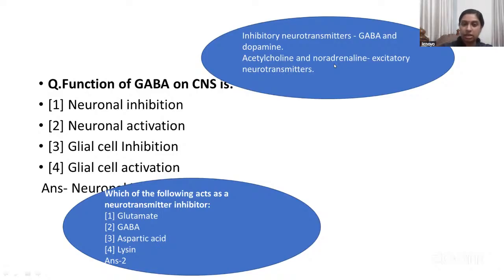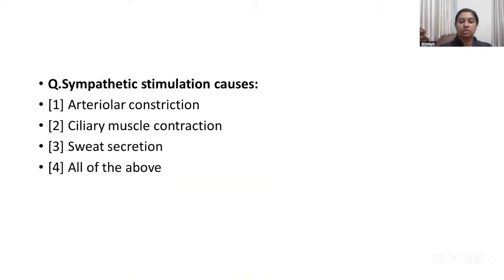Adrenaline and noradrenaline are responsible for sympathetic action, so they are basically excitatory or stimulatory neurotransmitters. Next question: sympathetic stimulation causes? The options are arteriolar constriction, ciliary muscle contraction, sweat secretion, all of the above. So the answer is all of the above.